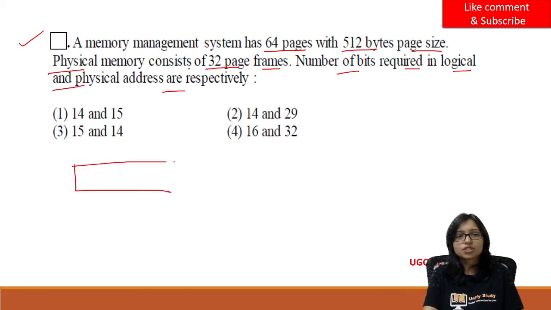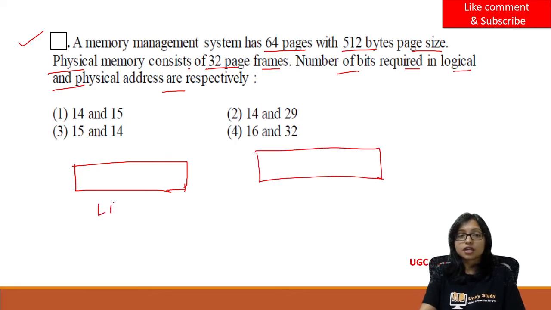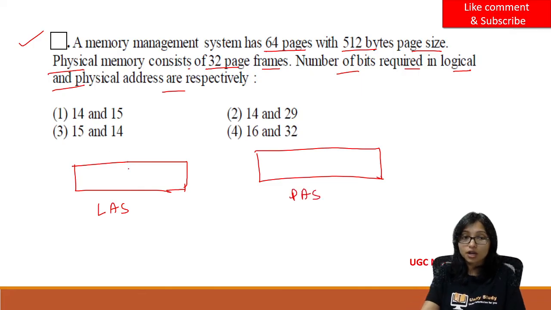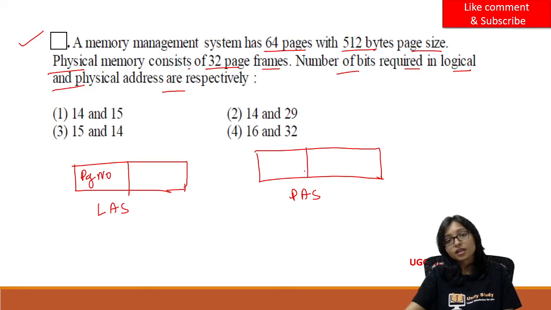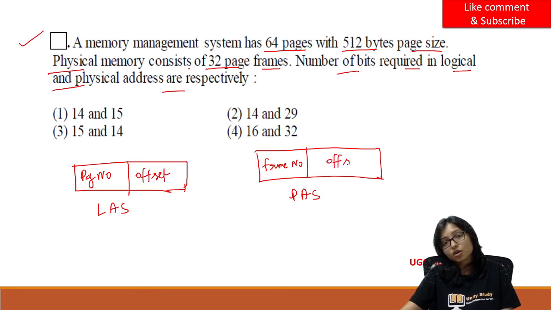In the logical address and physical address, what are we storing? Here the page number, and here we will store the frame number. Here will be the offset, and here also the offset.